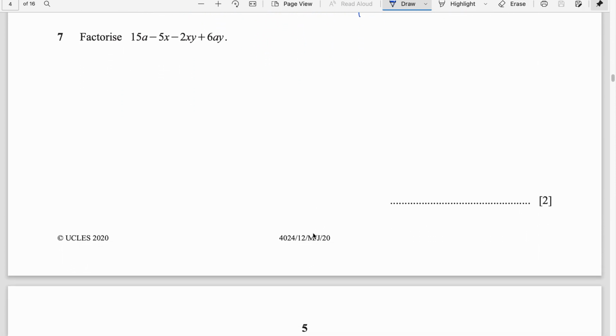Factorization. Question number 7. So either you rearrange or you just take out common. I'm rearranging 15a plus 6ay minus 5x minus 2xy.